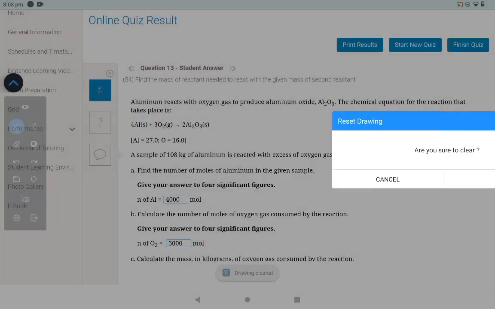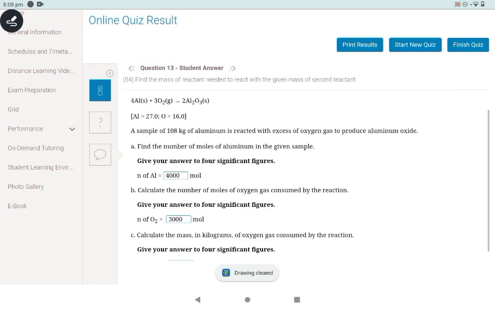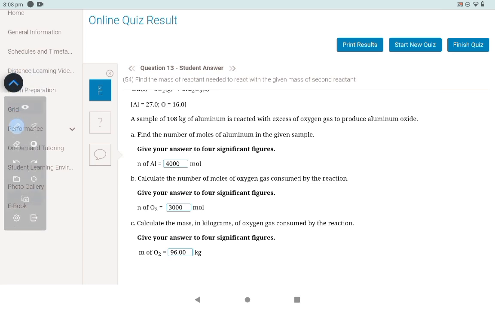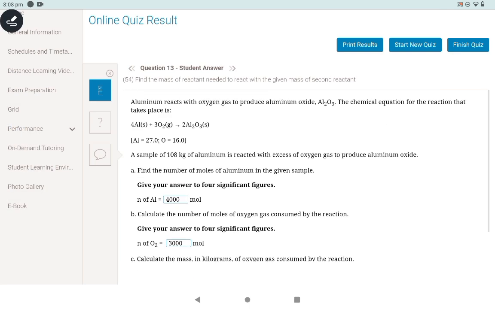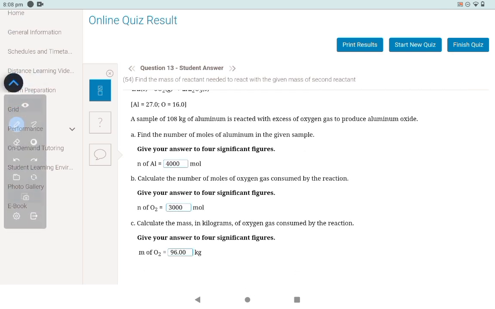Now, part C: calculate the mass in kilograms of oxygen gas consumed by the reaction. Wait, let me see the reaction again. We have the number of moles of oxygen gas. We just need to find the mass, which is mass equals moles times molar mass.